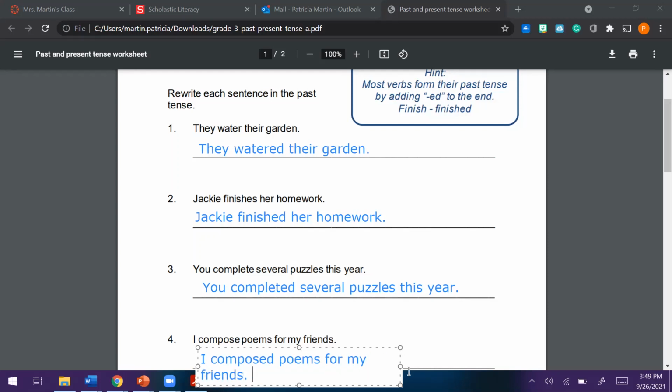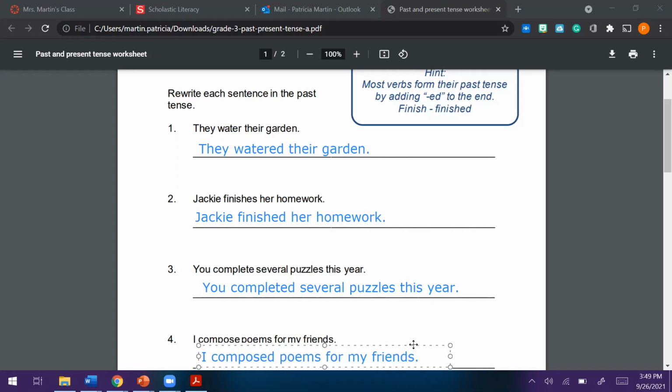And really quickly, who can tell me what compose means? Think about it while we're doing this assignment. If I compose poems for my friends, what am I doing? Well, we know poems are something that is written, right? Or spoken also, but we're going to stick with written for this.